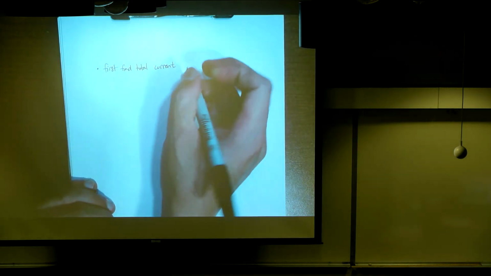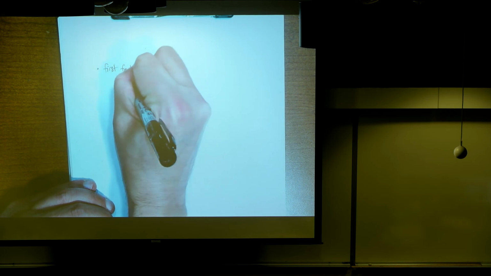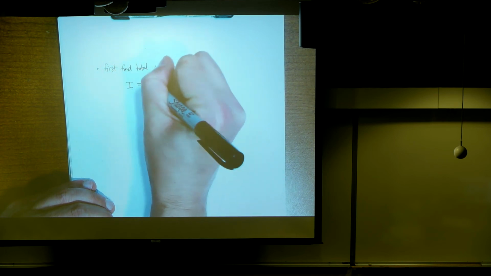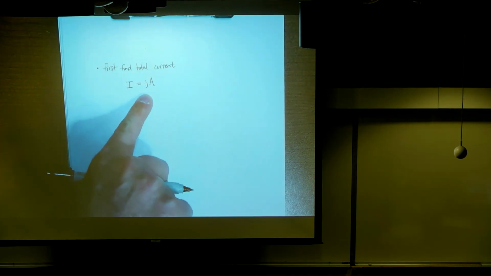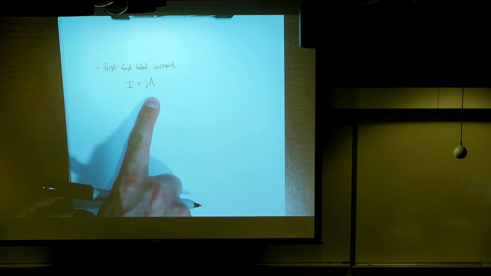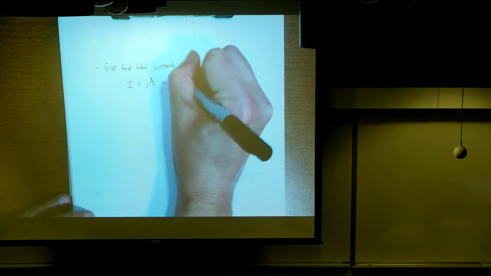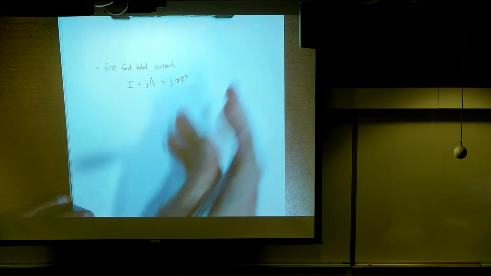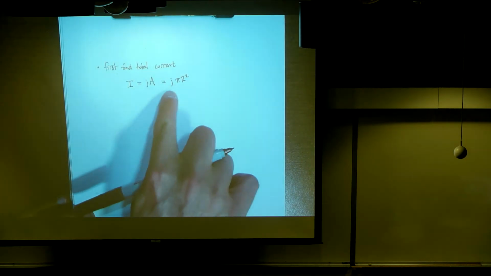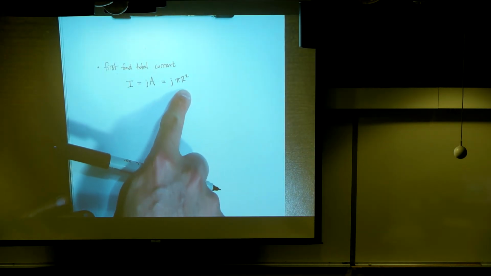So remember, I is the same as J times A. It's your current density times your area. Because J is just I over A, I is J times A. Our total area is pi times big R squared. So if we multiply the current density times the total area, we get the total current. So let's put the numbers in.